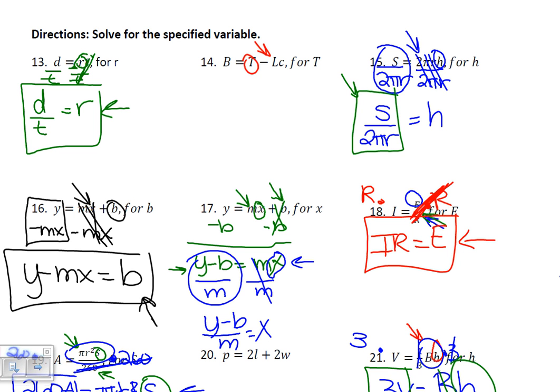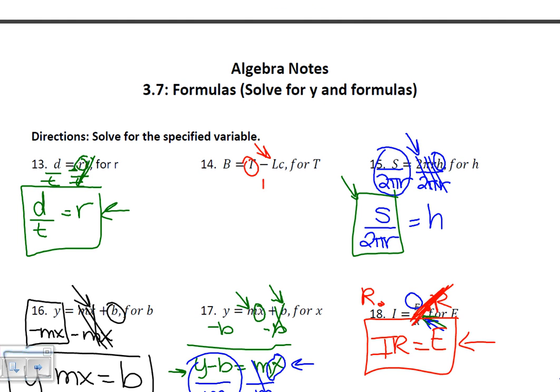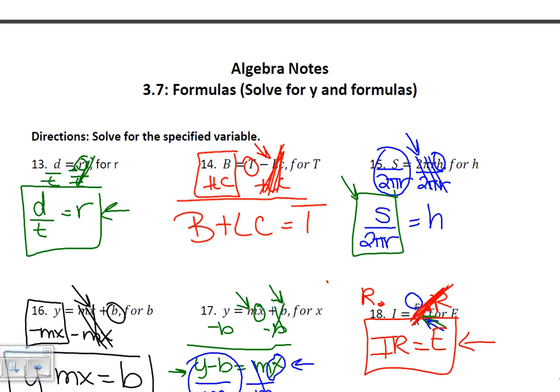So the opposite of minusing LC is to add LC. If I add LC to the right side, I add LC to the left side. I don't know what this is, so I'm going to write exactly what it says: B plus LC. These cancel, so I'm left with just T on the left side. I know I'm done because the T is by itself.